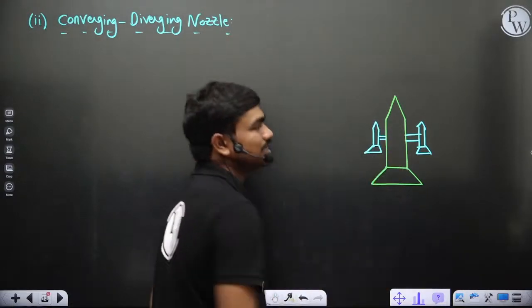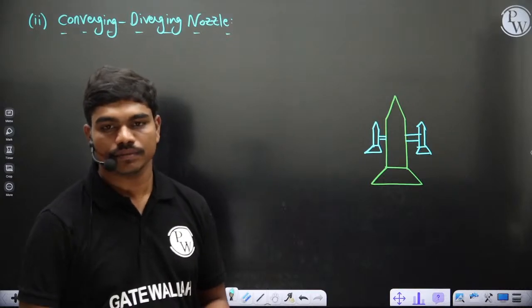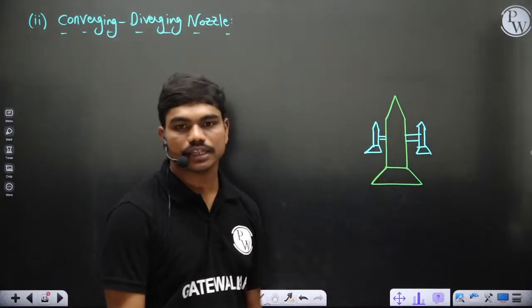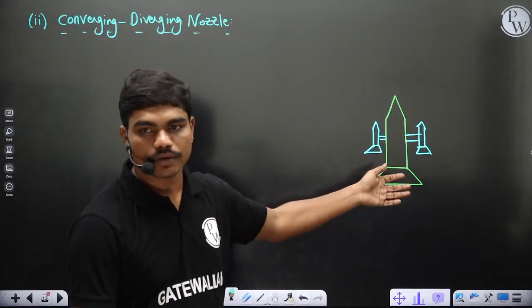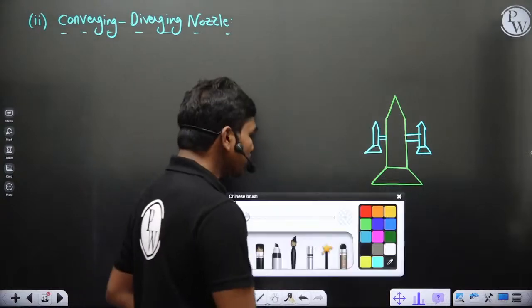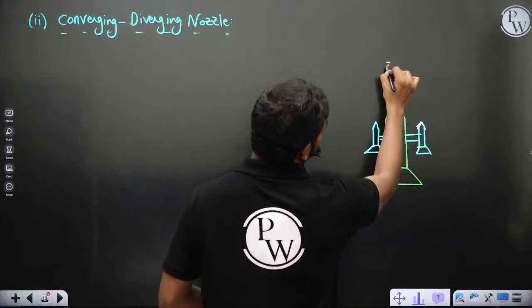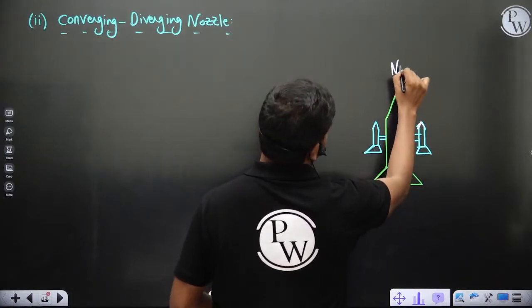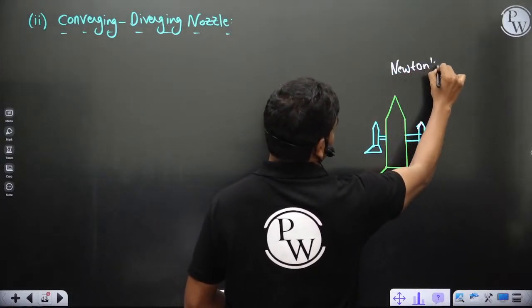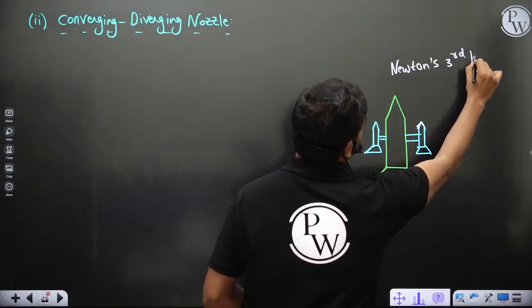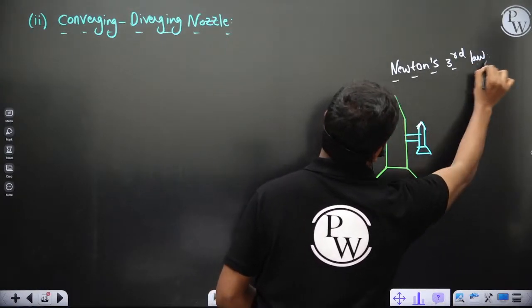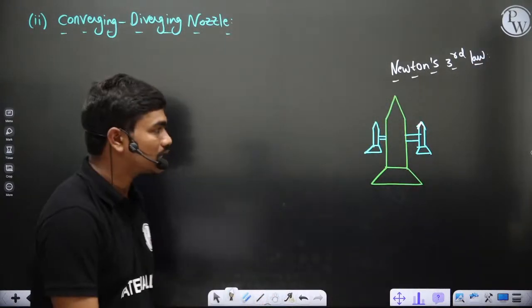This is the approximate shape of a rocket you might have seen. These are the side thrusters, these are the main thrusters, and you have the body. You all know this rocket operates on Newton's third law of motion.